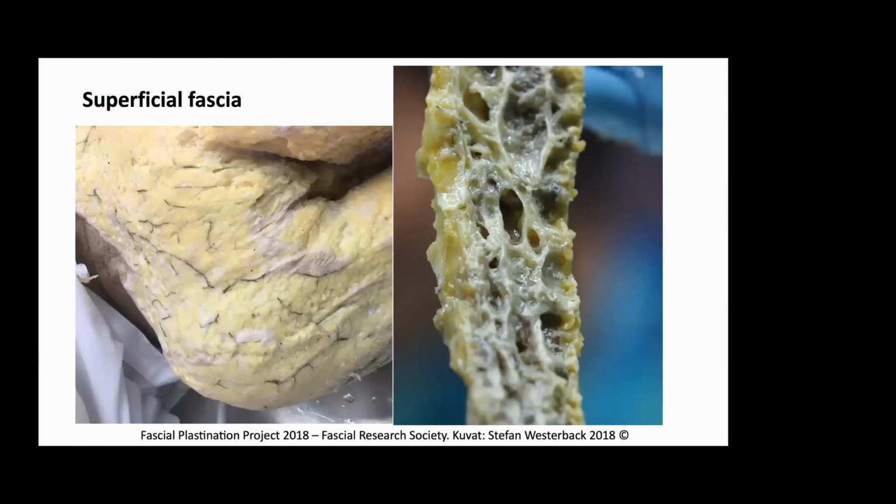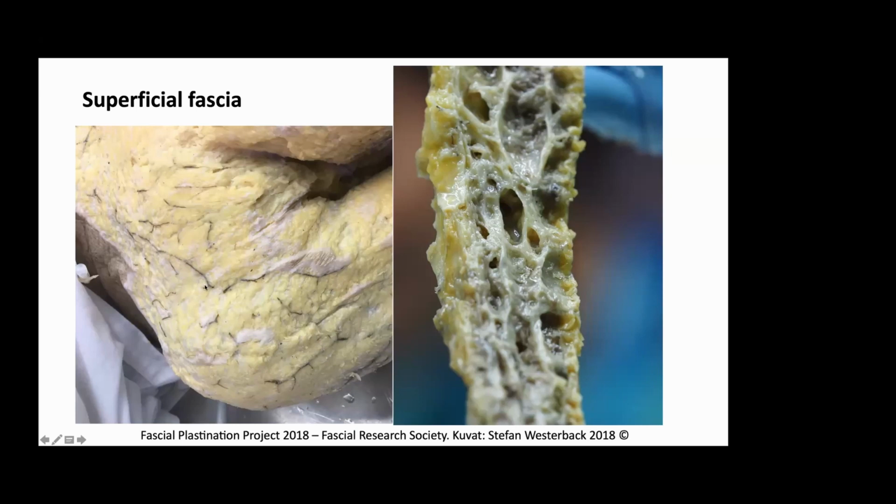And here is an example of the superficial fascia. To give you an idea, where is this? This one is a glenohumeral joint. So the trapezius would be here, the deltoid muscle would be under here. Here you can see a corner of the breast, and then the humerus will be going in that direction.